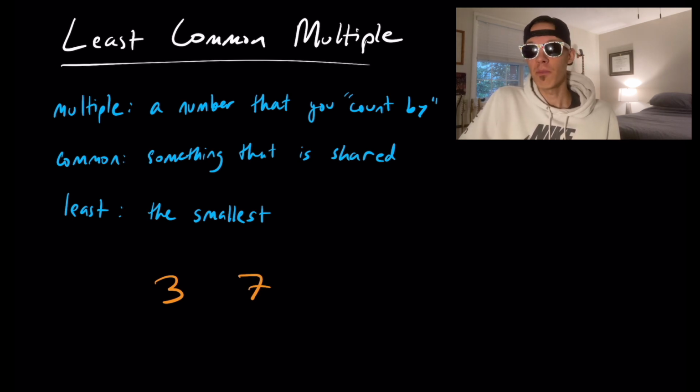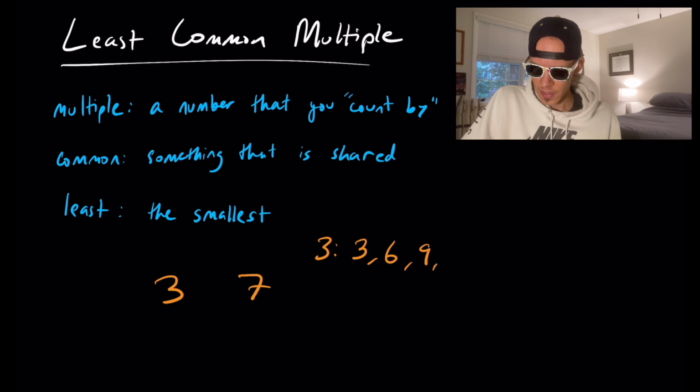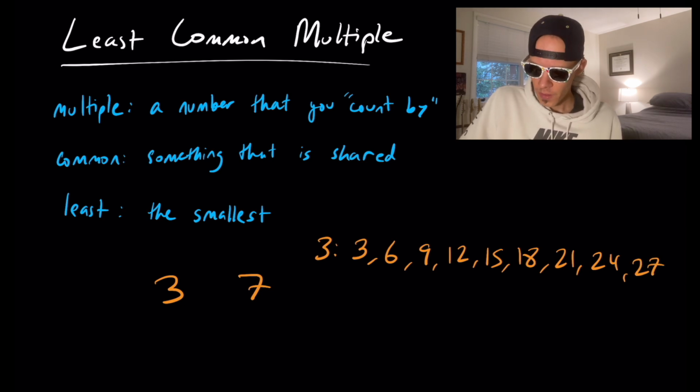Well, let's just count by 3 to start. So multiples of 3 would be 3, 6, 9, 12, 15, 18, 21, 24, 27. We can keep going. And then multiples of 7 would be 7, 14, 21, 28, 35.